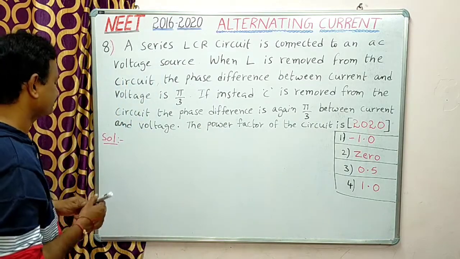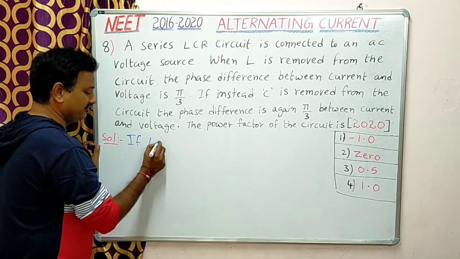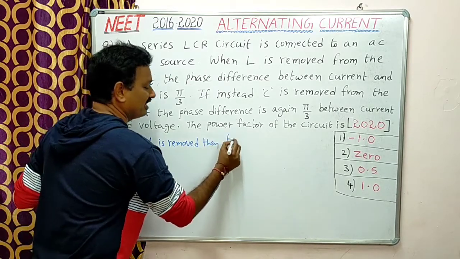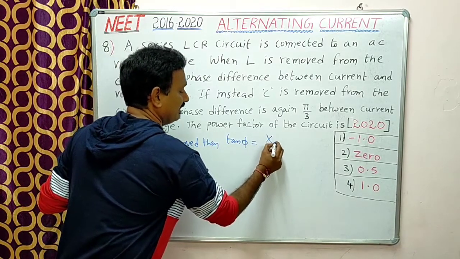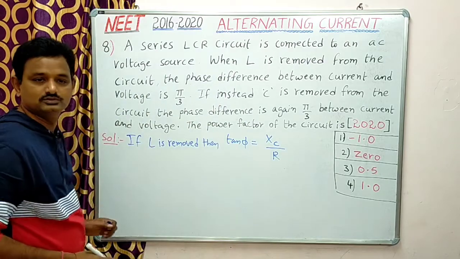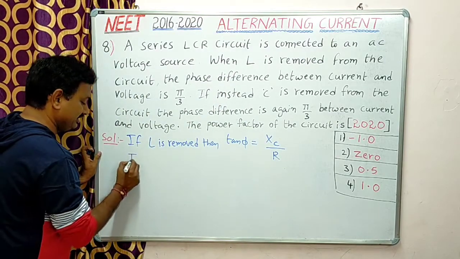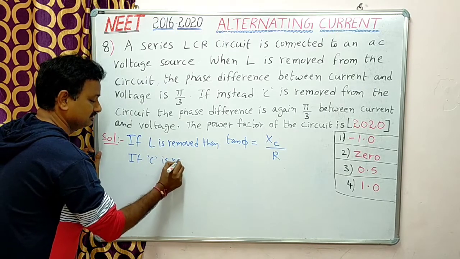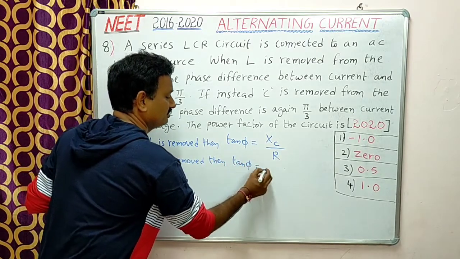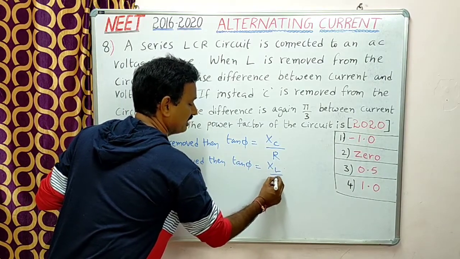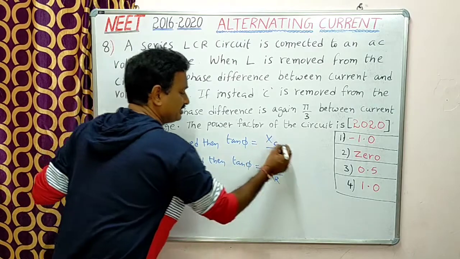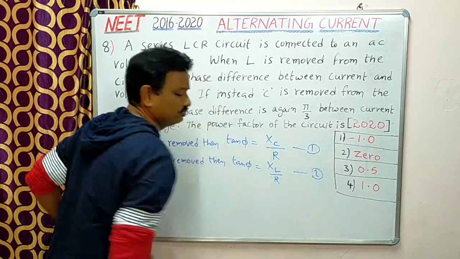Look here. If L is removed, then tan phi is equal to XC by R. If C is removed, then tan phi is equal to XL by R. Here both are in the same phase, so equation 1 and equation 2 are equal.